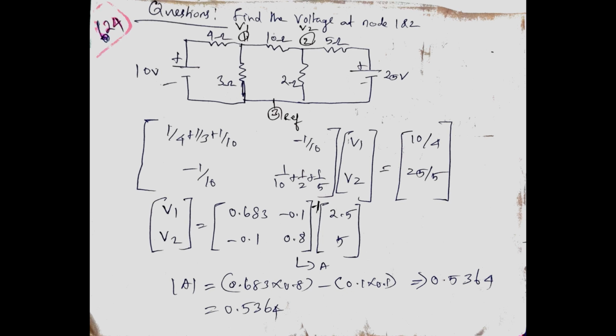I is 10 divided by 4, and I is 25 divided by 5. Ohm's law and Kirchhoff's current law are used in this method, along with matrix calculations: inverse matrix, determinant value and multiplication matrix, in the nodal voltage method.